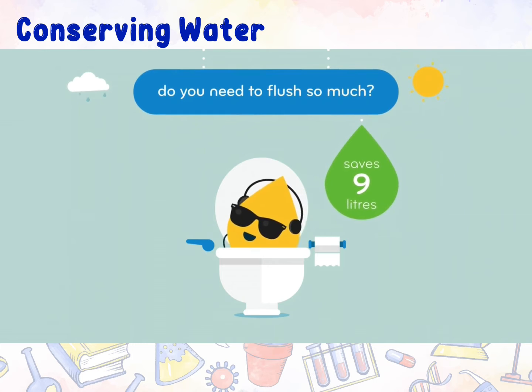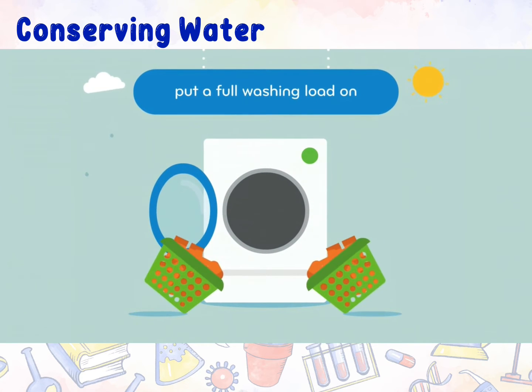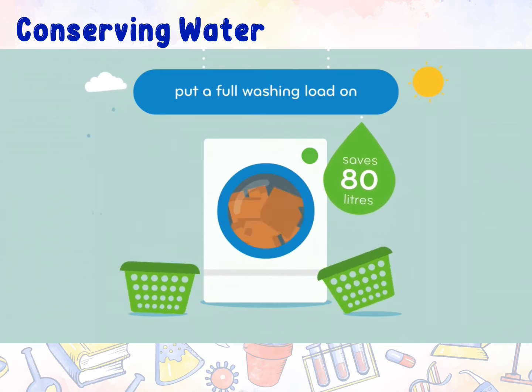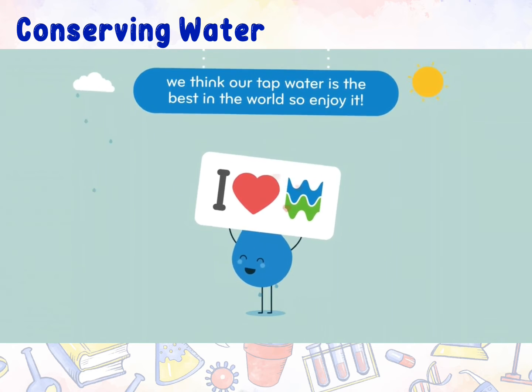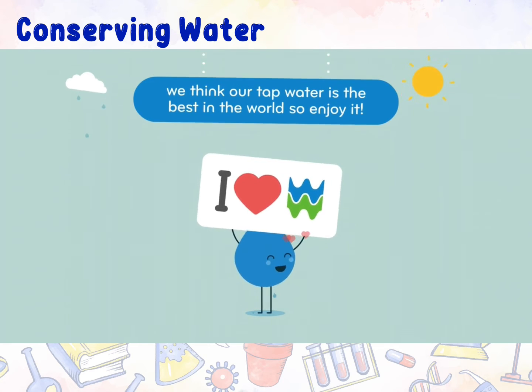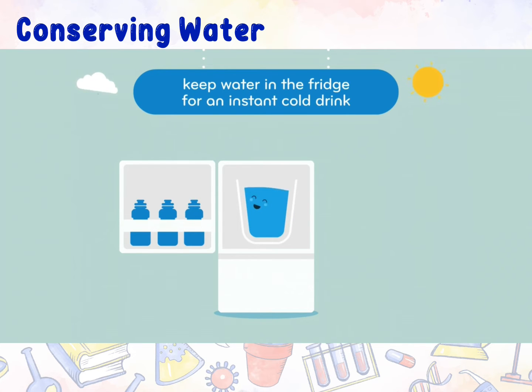And you do not need to flush so much. You have the small flush and the big one. So it can save up to 9 liters of water if you use the small one for some time. Now, whenever you need to wash clothes, put on a full washing load. It can save up to 18 liters rather than washing 1 or 2 clothes. Our tap water is the best, so we need to enjoy it. And also keep the water in the fridge for instant cold water rather than using coolers.